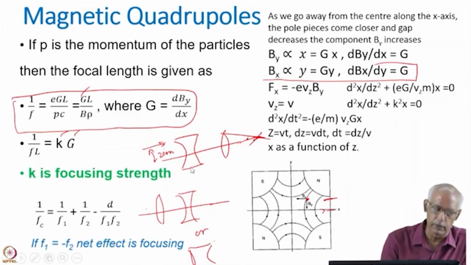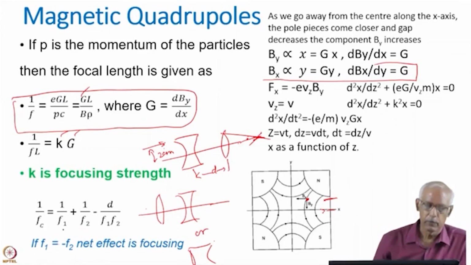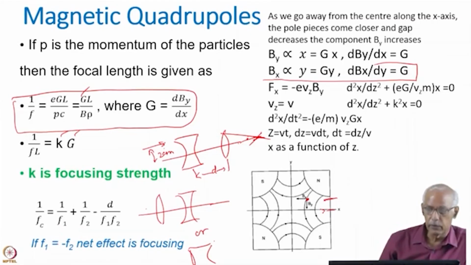So there will be some focal length, and that focal length will be equal to FC, which is called the combined focal length, and that is equal to 1 by F1, where F1 is the focal length of the first lens, plus 1 by F2, where F2 is the focal length of the second lens, minus D, and D is the distance gap between these two lenses. So you can put F1 as negative, that means defocusing, or you can put positive, and the other one the other way around.